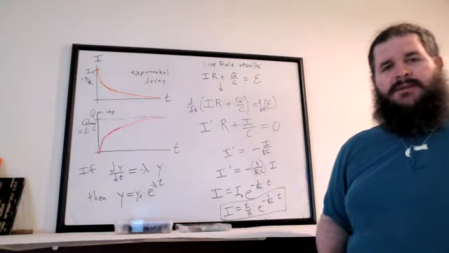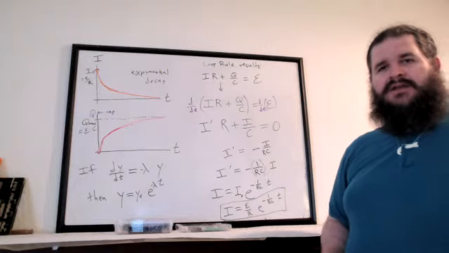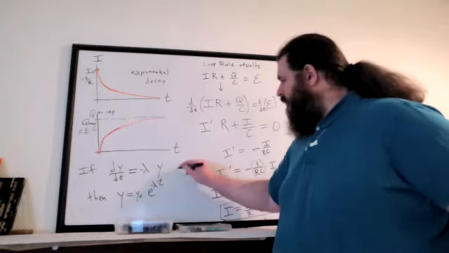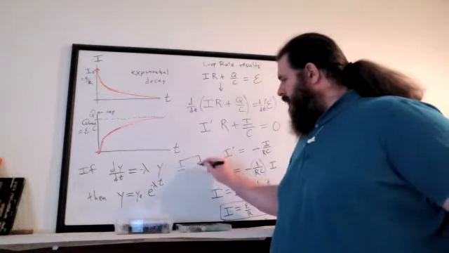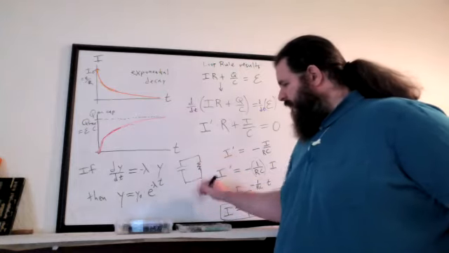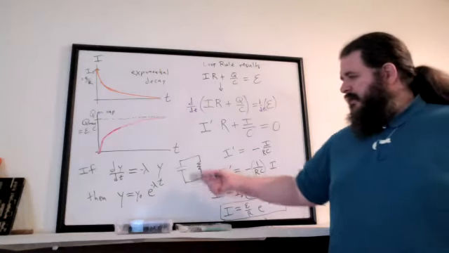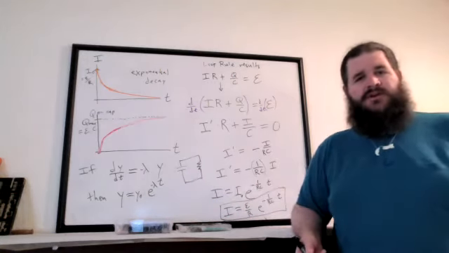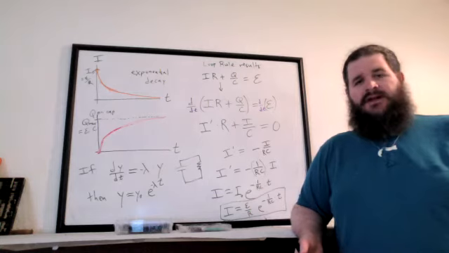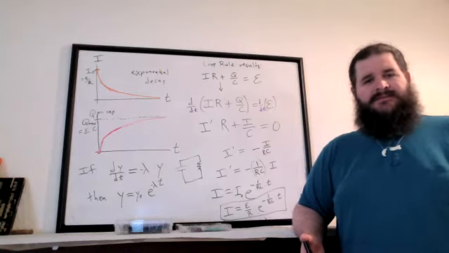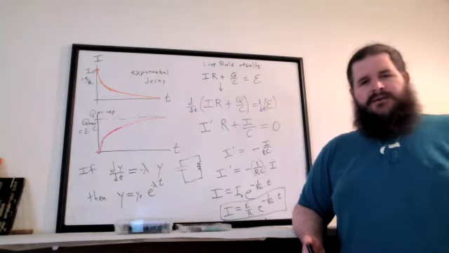If you've got a capacitor discharging, like let's say you just connect a capacitor and a resistor and no battery. If the capacitor is already full of charge and there's no battery, the capacitor is going to discharge. Current is going to be leaving the capacitor until it eventually becomes empty. Any questions on all that so far?